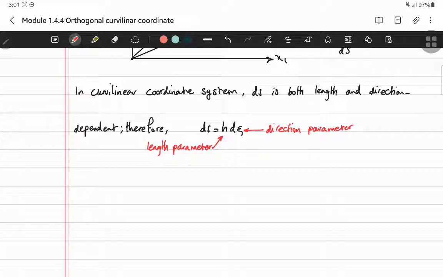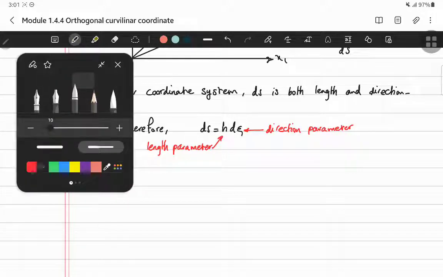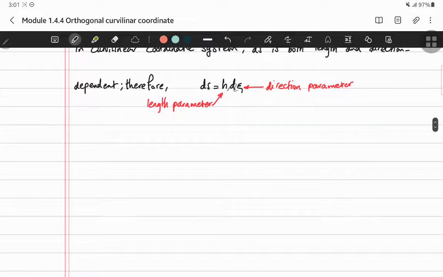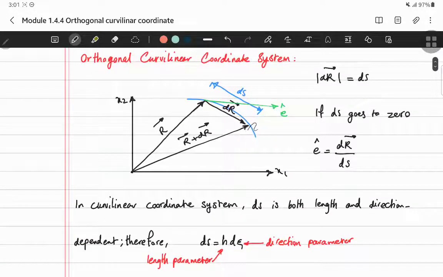All right, so now, for example, when r is changing, you see that it includes h, as well as changing with angle theta, for example.